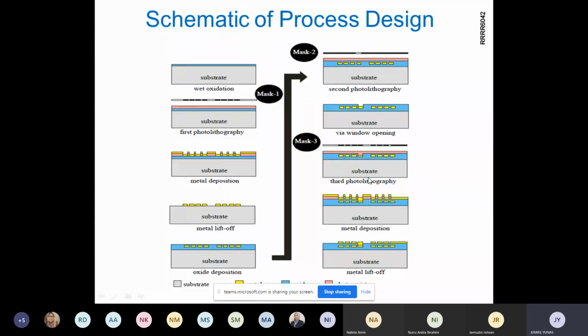We do the third photolithography and deposit metal, and then we have two metal layers. That means two copper inductor layers. And we have the connection here. That means the bottom metal is connected with the top metal. This is the schematic of the process design.